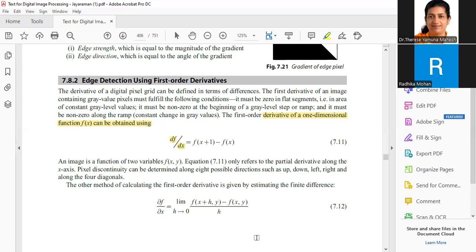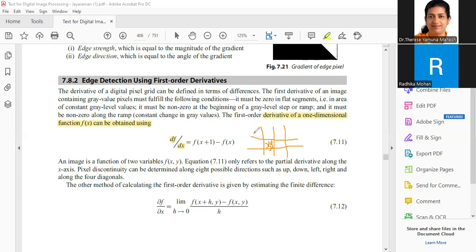The center pixel, the central point, you can take it as x, y.